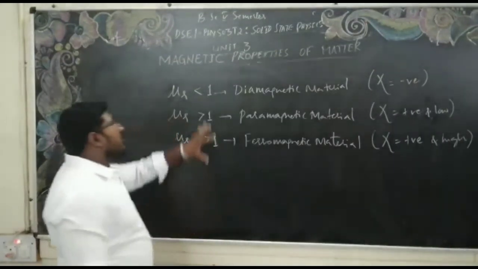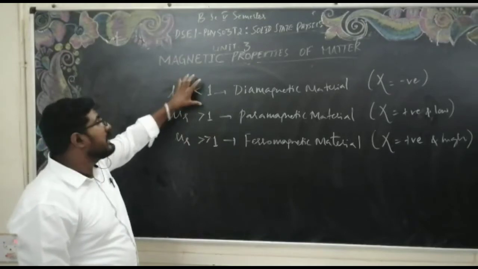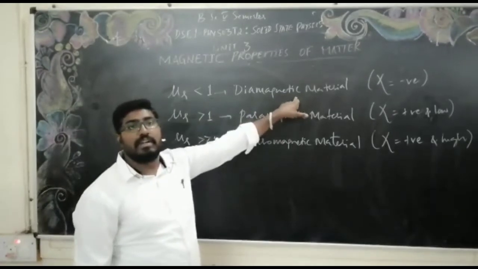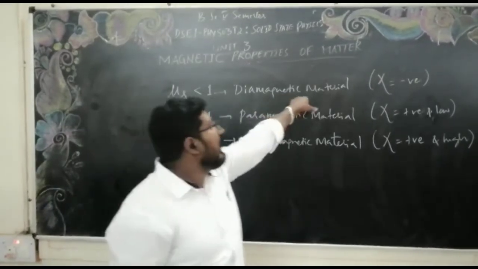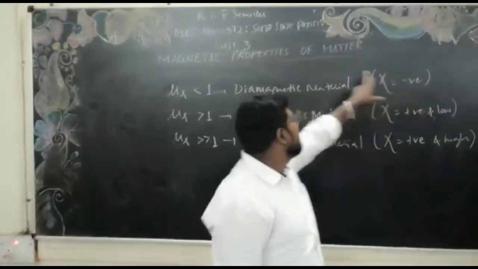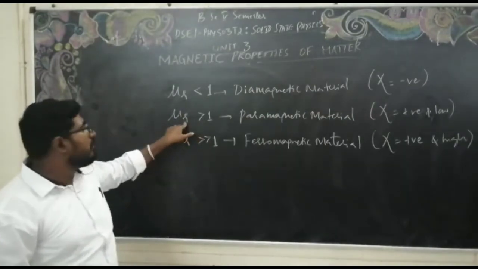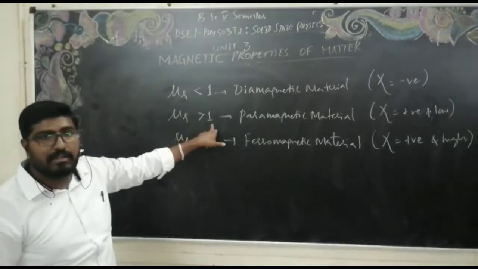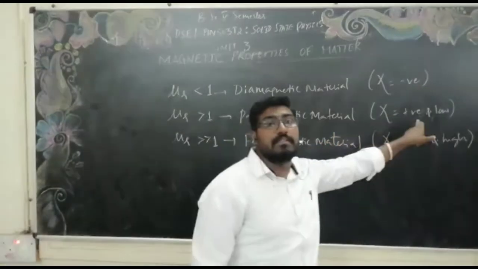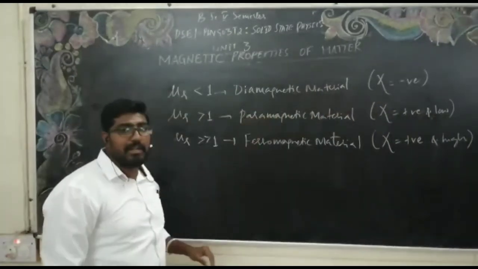On the basis of this, when the relative magnetic permeability is less than 1, we call the material diamagnetic, or else we observe the susceptibility is negative, which again means diamagnetic. When the relative magnetic permeability is greater than 1, the material comes under paramagnetic, or the susceptibility is positive and low, which is also paramagnetic.